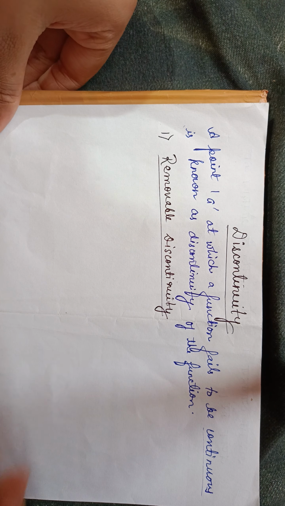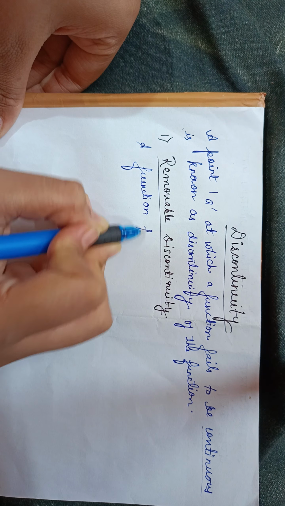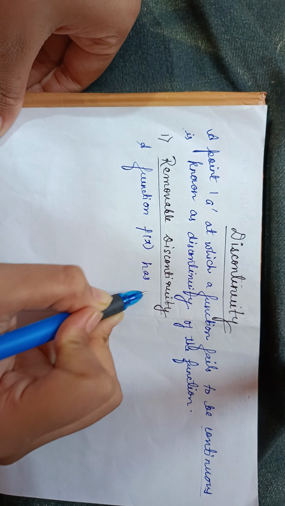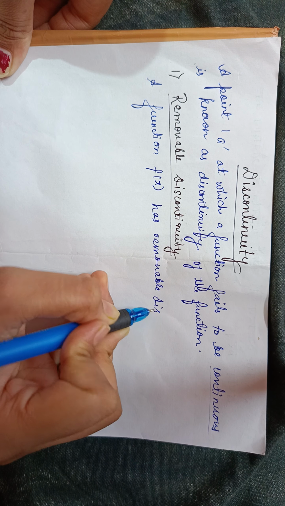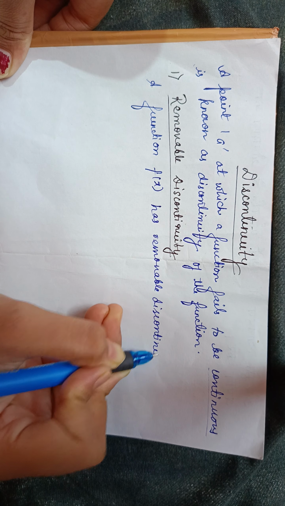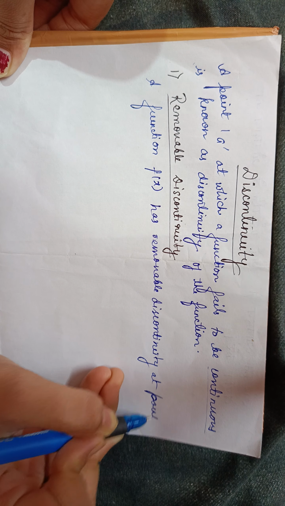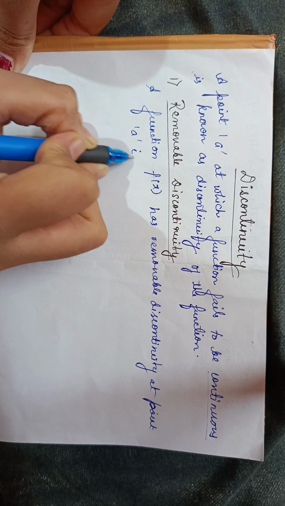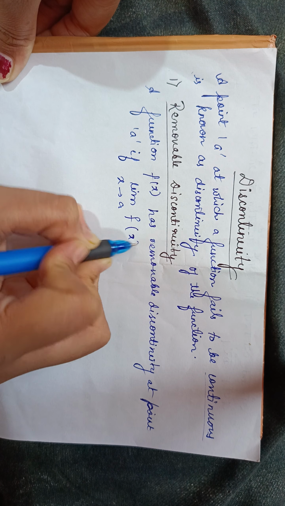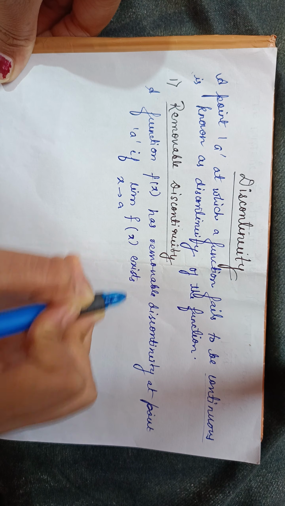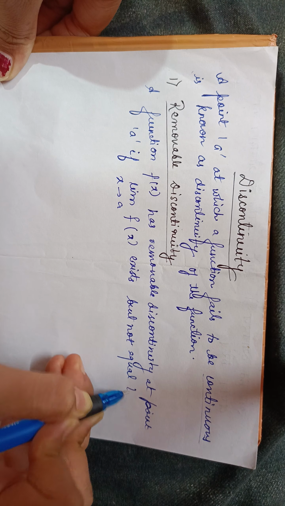Now what is this? A function f(x) has a removable discontinuity at point A if the limit as x tends to A of f(x) exists but is not equal to its functional value.